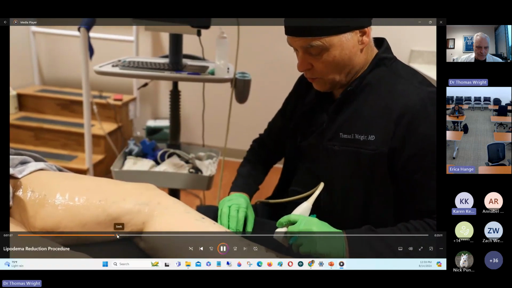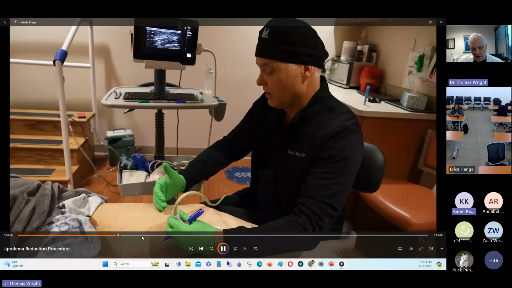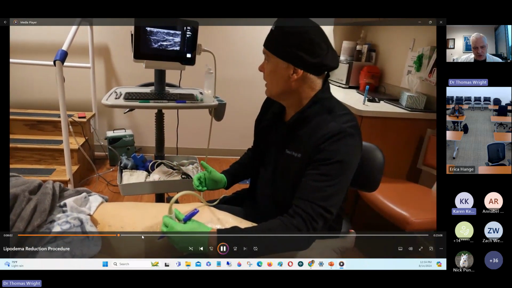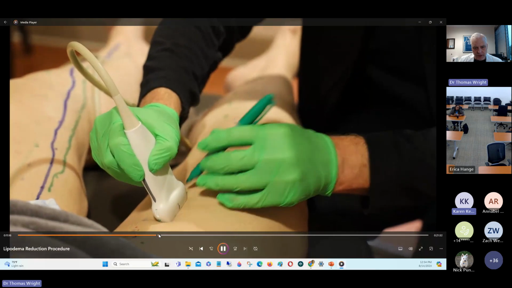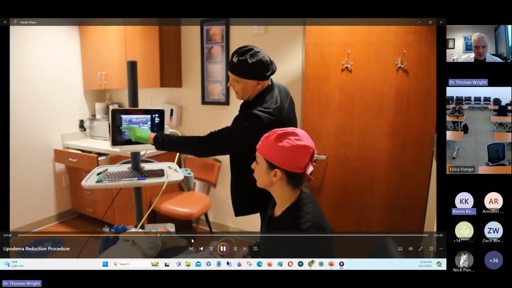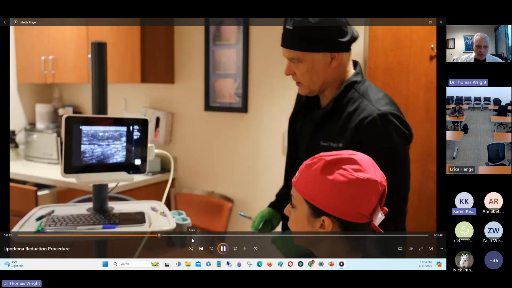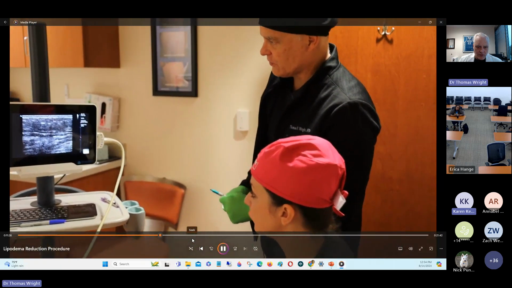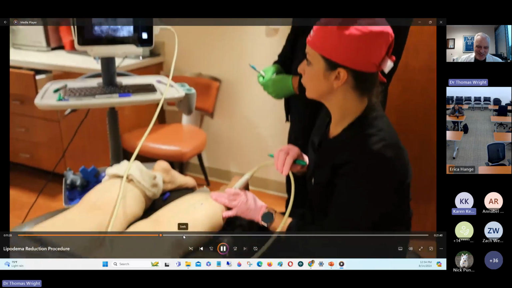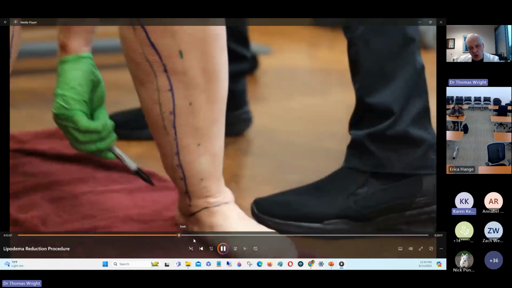This is me just mapping that. And then we have a beautiful lymphatic channel here, marked going longitudinally, and my expert sonographer, Kristen, is marking it.